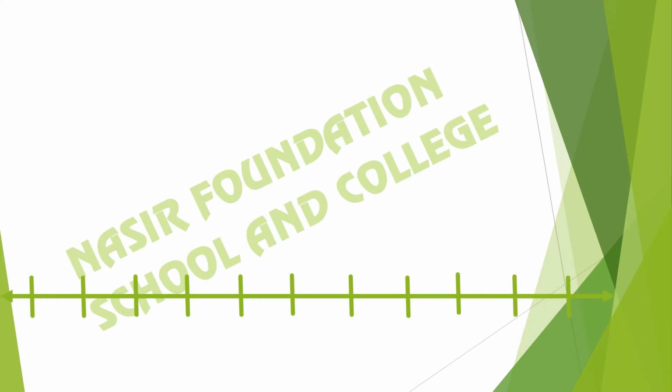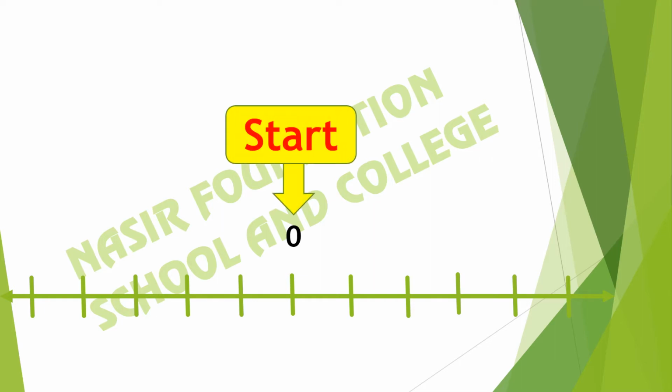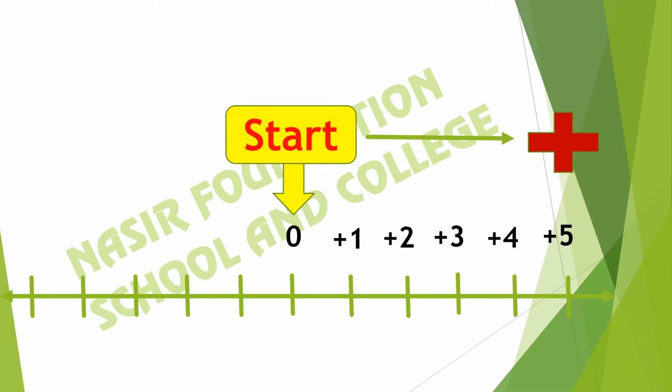Here a number line has been shown. 0 is placed in the middle of the number line. We start from 0. If we are moving towards the right side of 0, we use the plus sign with all the numbers, for example plus 1, plus 2, plus 3, plus 4, plus 5.